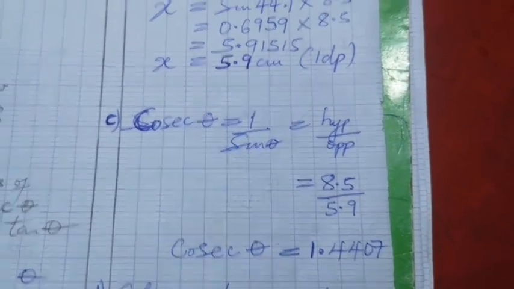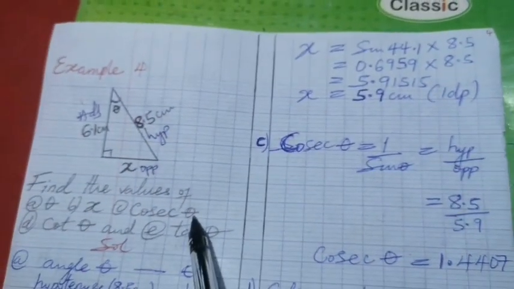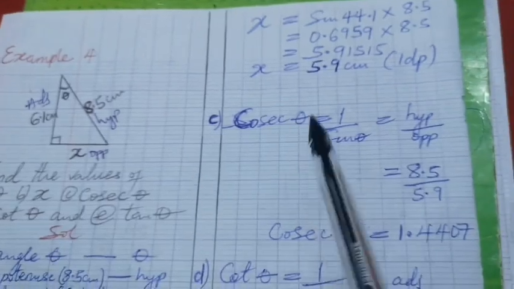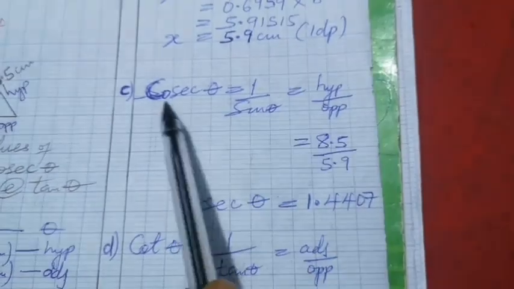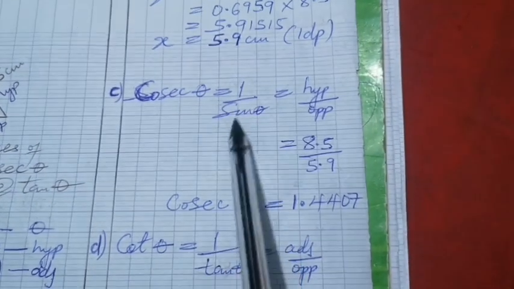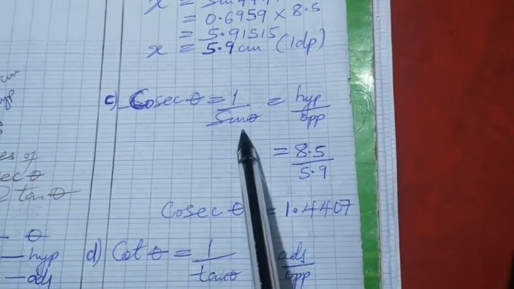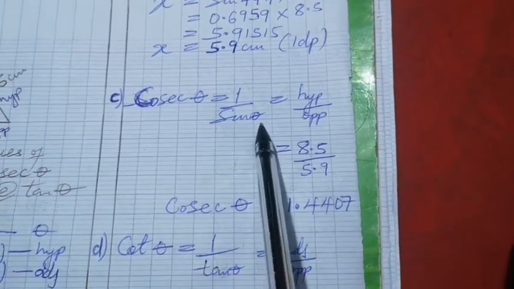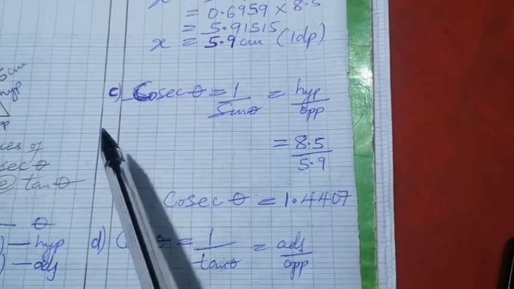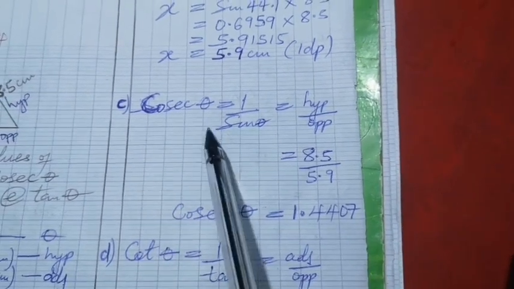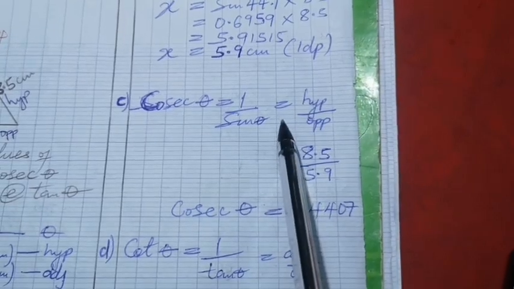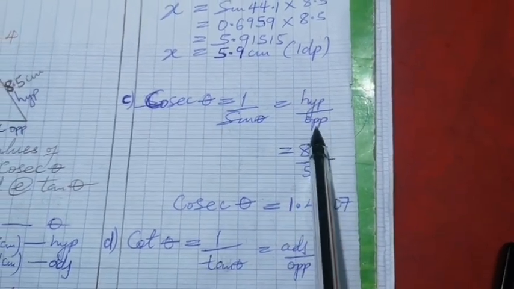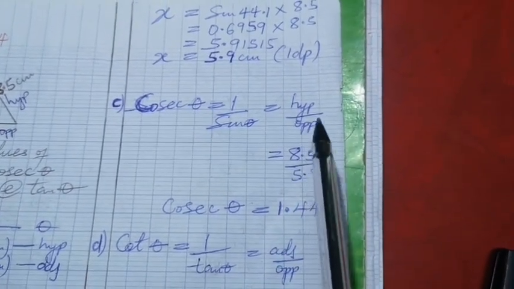Okay, the next one is cosec theta, that's number C. Now, cosec theta is inverse of sin theta. That means cosec theta is equal to 1 all over sin theta. Now, since sin theta is equal to opposite all over hypotenuse, and cosec theta is inverse of sin theta, that means that cosec theta will now become hypotenuse all over opposite, okay?